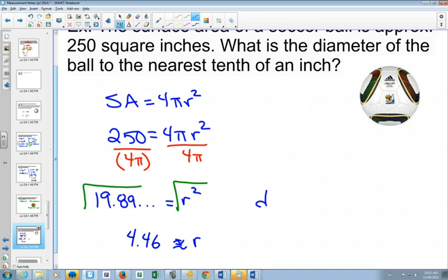So the diameter will be approximately double the radius, 8.92. It says to the nearest tenth of an inch, so I'll take off that, 8.9. And our units we always include in the end are inches.